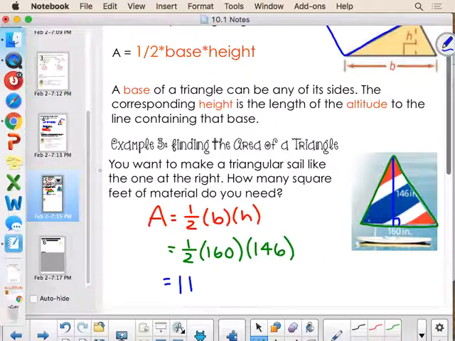Guess what? I agree with you. Good. 11,680. What? Inches squared. Interesting. That's not right. Oh, it wants feet. Uh-oh. It wants feet.